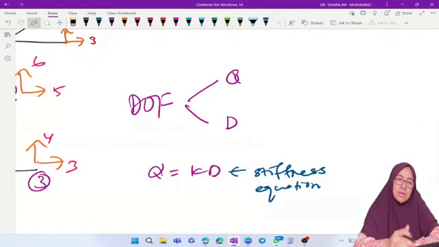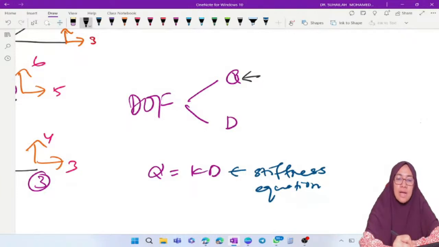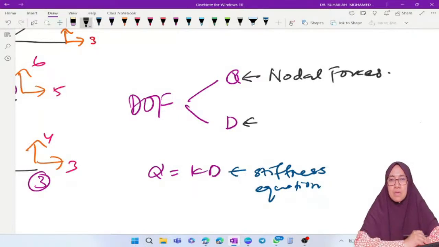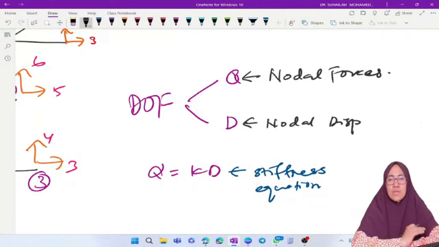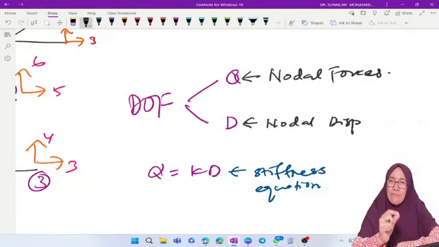Q, as well as D, in the stiffness matrix method, Q is called the nodal forces and D is called the nodal displacements. The word nodal comes from the word nodes. It means that all Q and D that we analyze in the stiffness method, we only calculate the value at nodes.